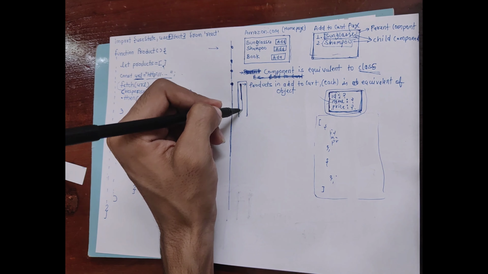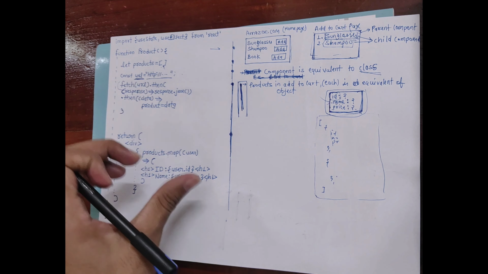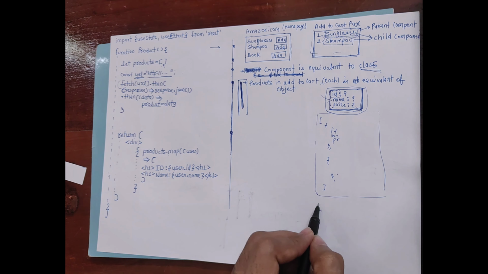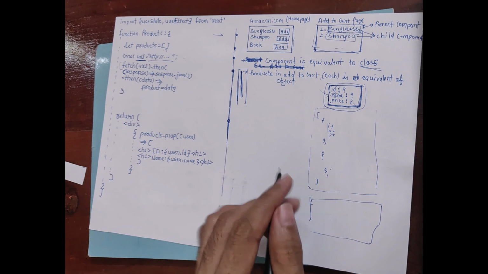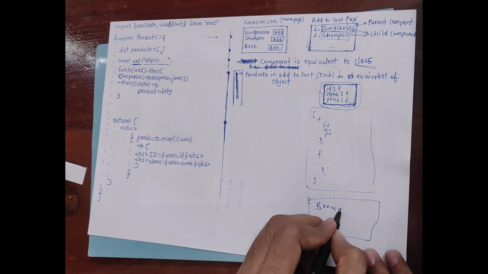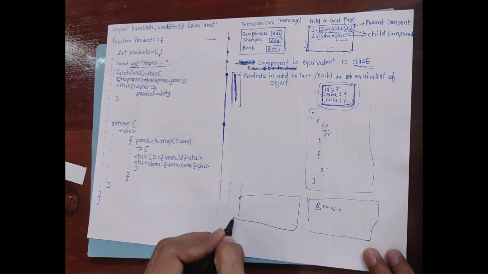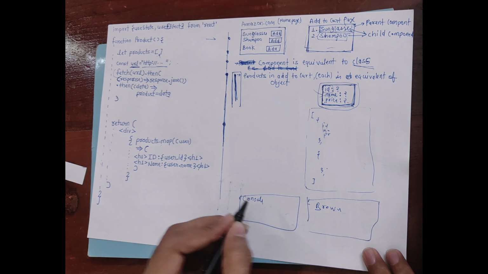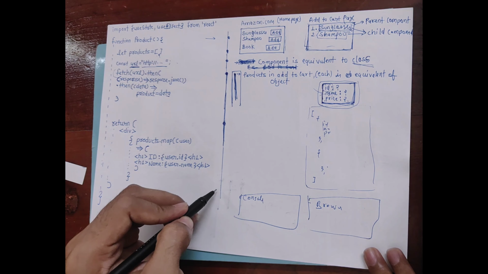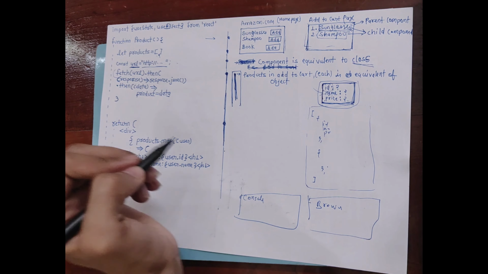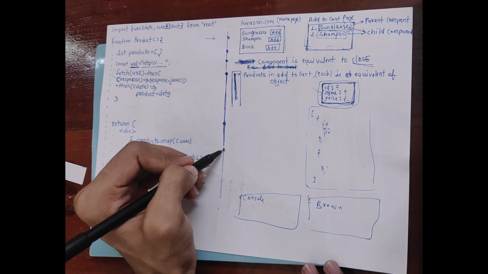Now you are doing a loop kind of thing to print the data in your browser, and this is, let's say, your console. Now at this point you will not be able to see the data. That is the main crux of this video. Why? Because this is still under process, and it will finish after the end of this.